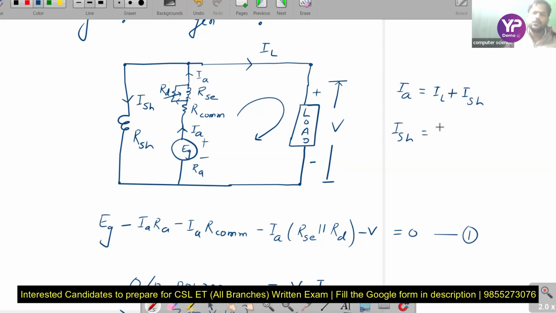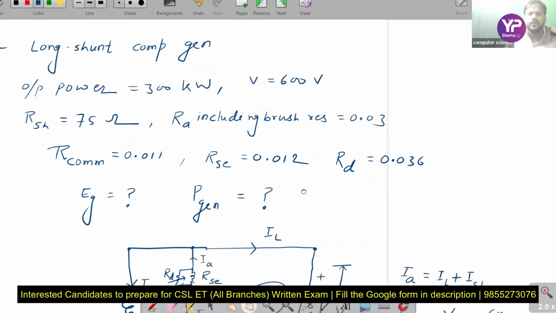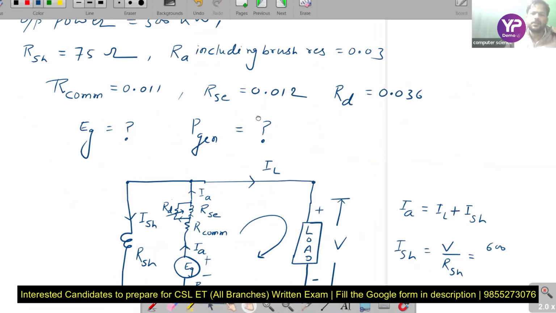So ISH is equal to V by RSH. Here V is 600 and RSH is 75.